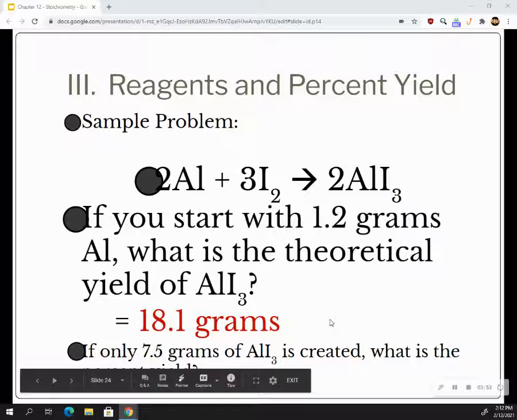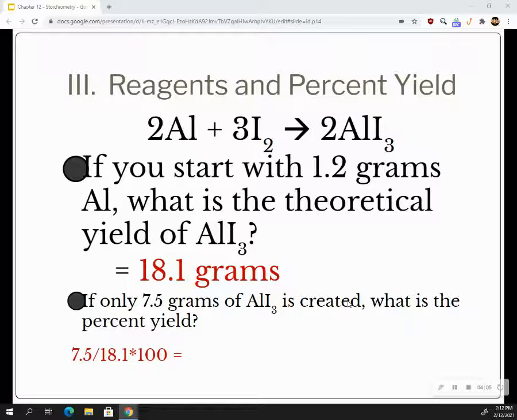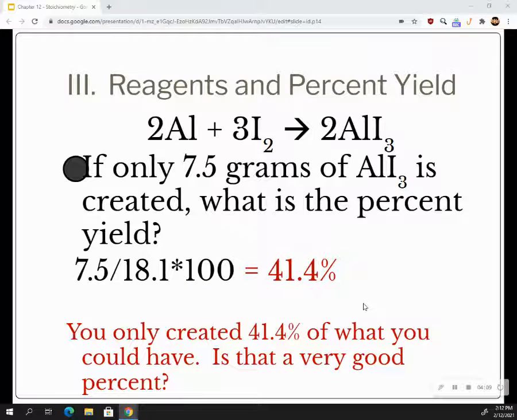If I were to go through, I would find out that there are 18.1 grams of theoretical yield, but I only made 7.5 grams of actual yield. So I take my 7.5 divided by my 18.1 multiplied by 100. So I have only created 41.4% of what the theoretical yield should be. Is this very good? Not really.